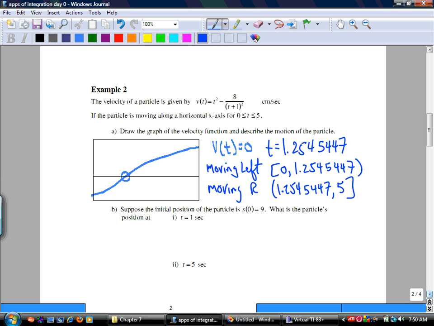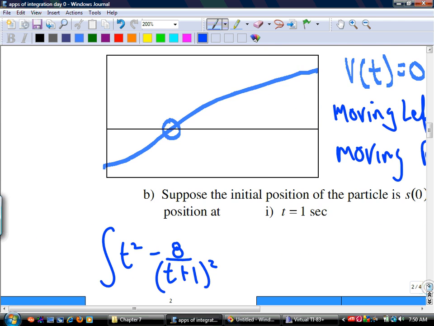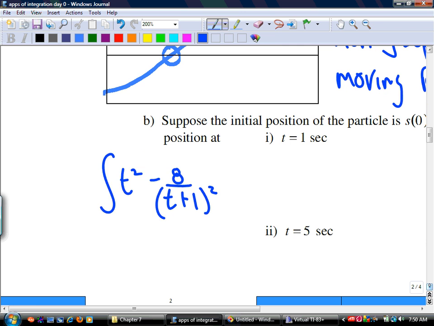Okay, so suppose the initial position of the particle is s of 0 equals 9. What's the particle's position at the endpoints? So what I'm asking you to do is the integral of t squared minus 8 over (t plus 1) squared. This is going to take some grinding.